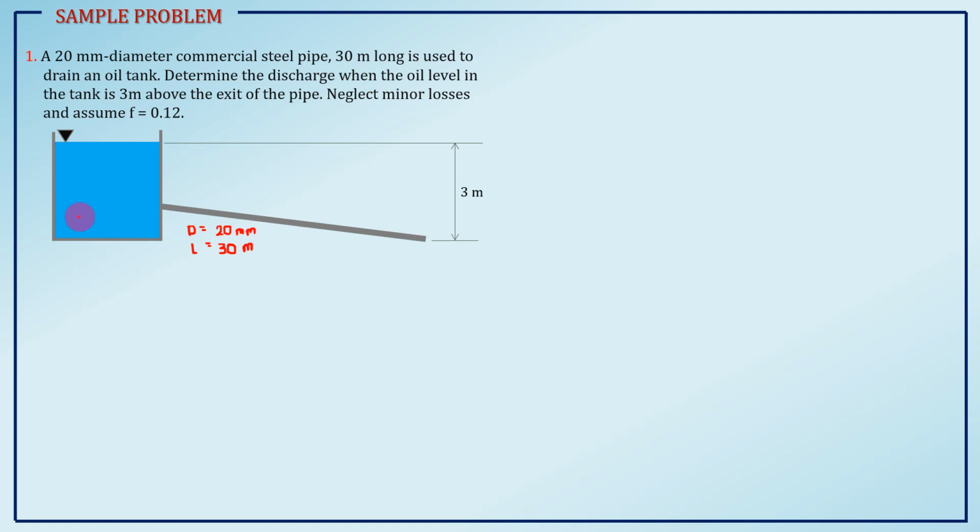So, this is oil. We will be neglecting the minor losses, the minor losses due to the entrance of the liquid at the point where our pipe starts.